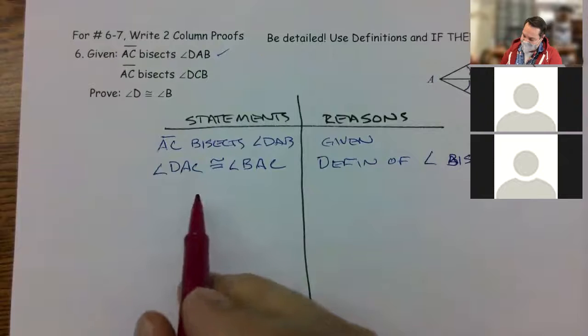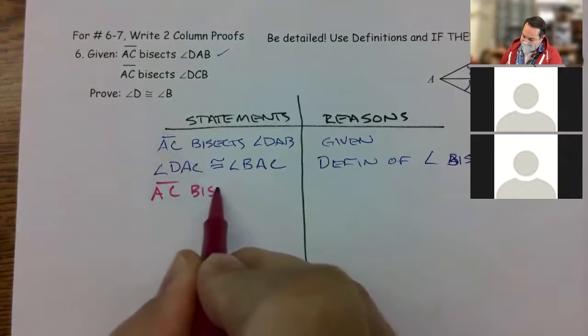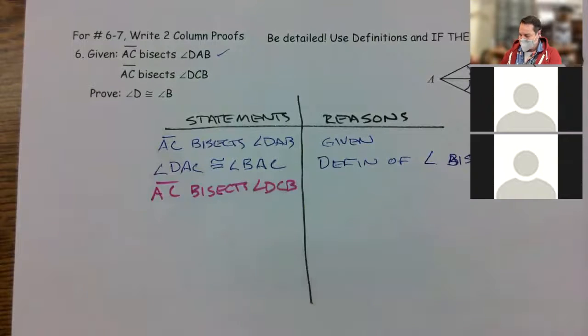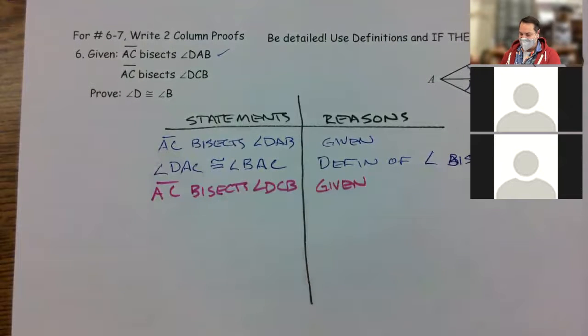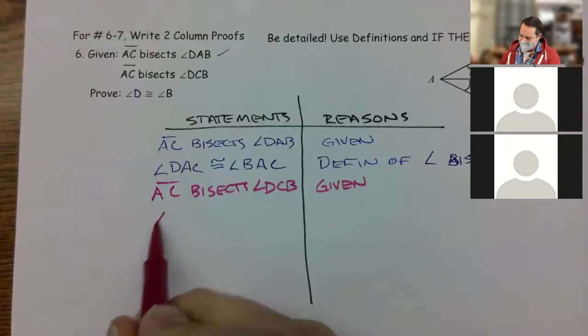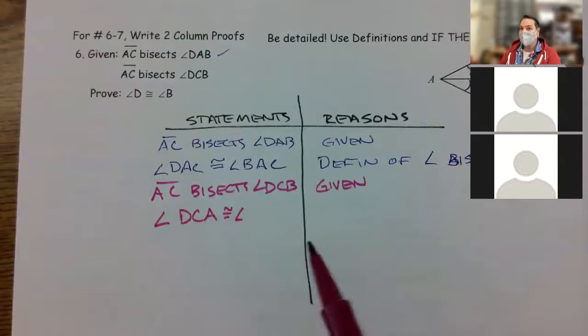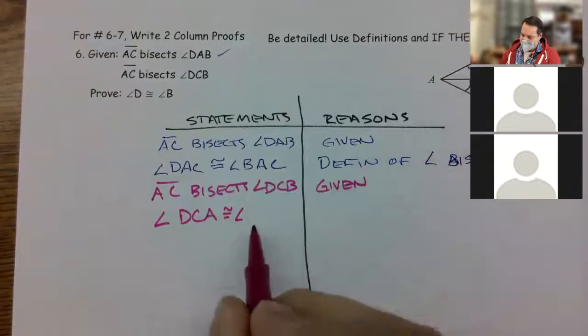Now I'll put up a second given. AC bisects angle DCB. Given. And what can I tease out of that piece of information? DCA and BCA?